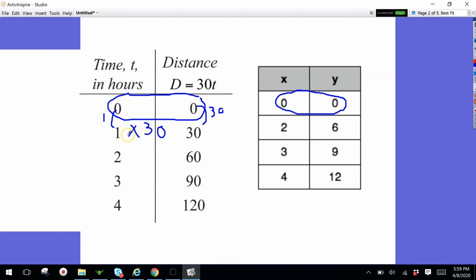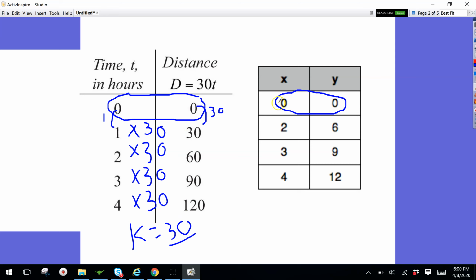So there is a direct relationship between my t and d here. It is times 30. So yes, this is my slope. And what we call our slope in this case is our constant of variation, or our k value, which is 30. This is our constant of variation, what I am doing to my input to get my output.